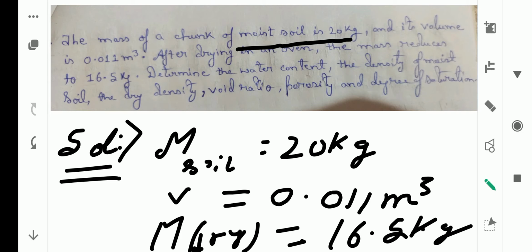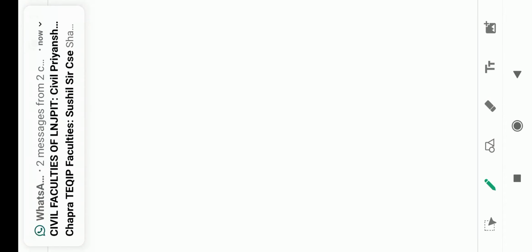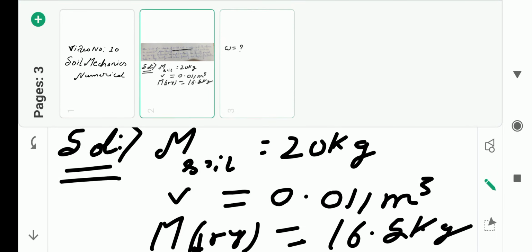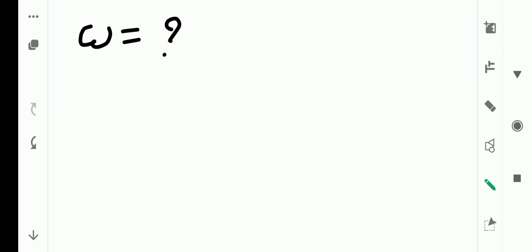Now what we have to find? Determine water content. What else? Density of moist soil, that is density.